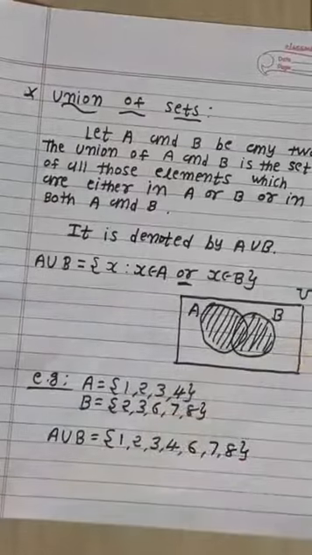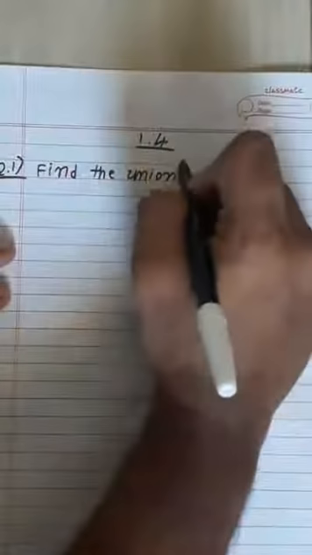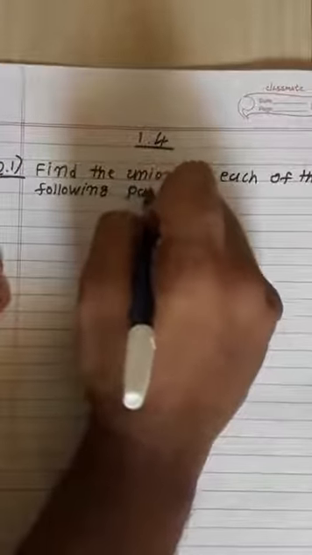Now let's discuss one more example. Exercise 1.4, question number 1. Find the union of each of the following pairs of sets.